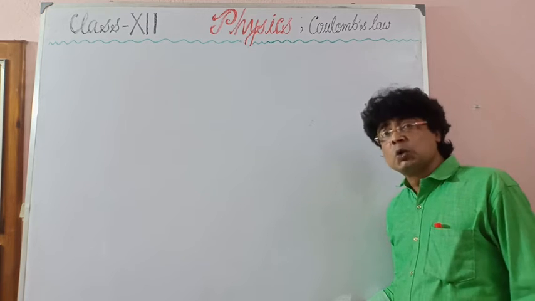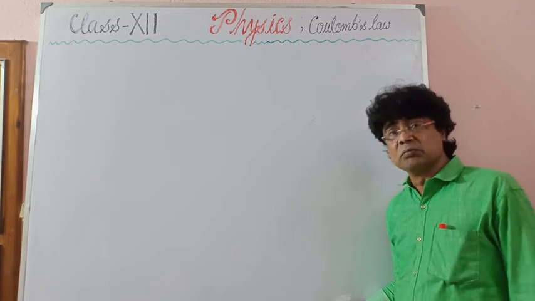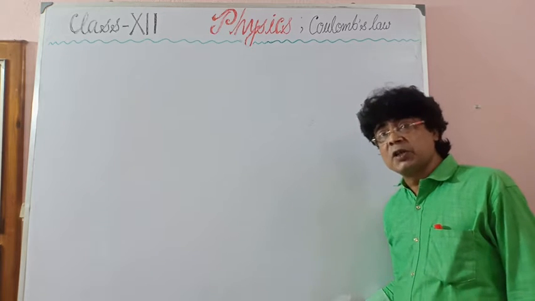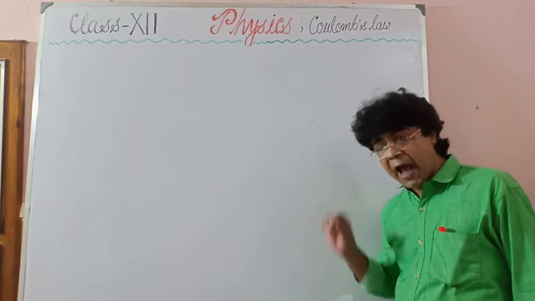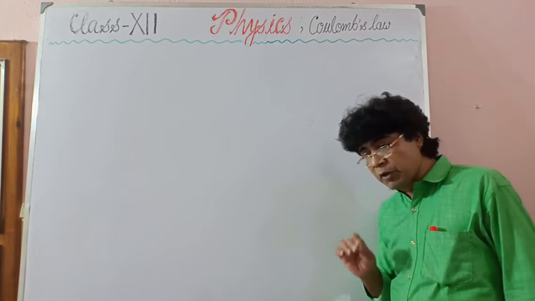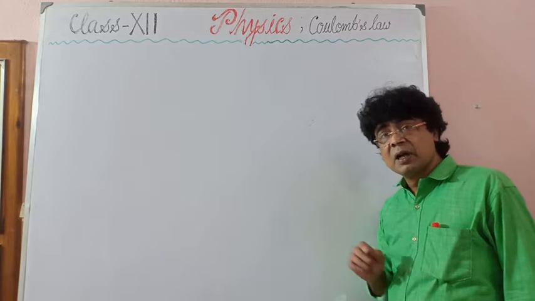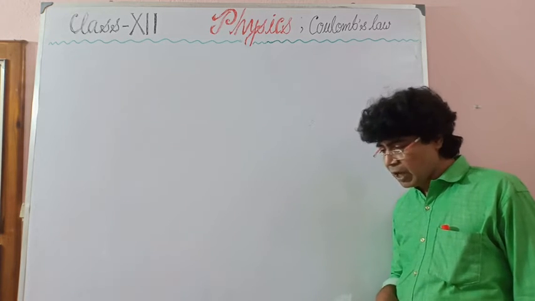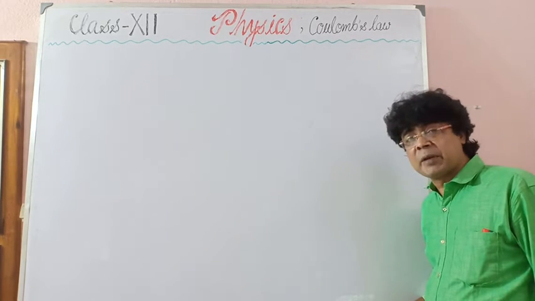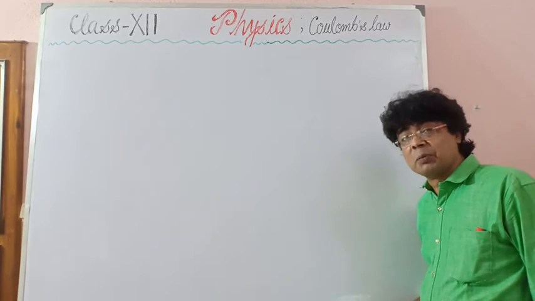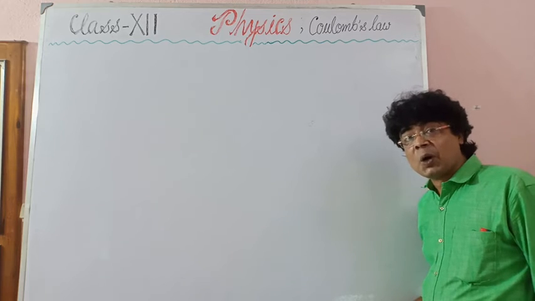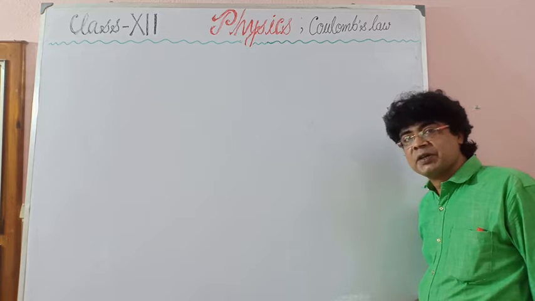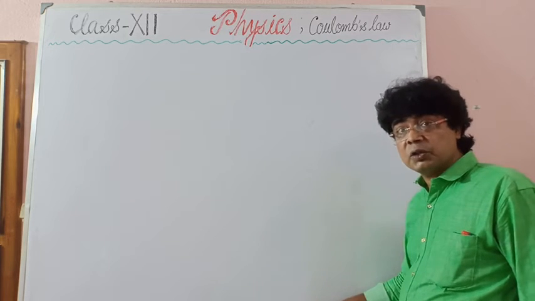To find out the relation between electric forces and the distance between the charges, he varied the distance between the charges and kept the magnitude of the charges constant. A series of careful measurements led Charles Coulomb to the law of electric forces between two point charges. This law is called Coulomb's law.